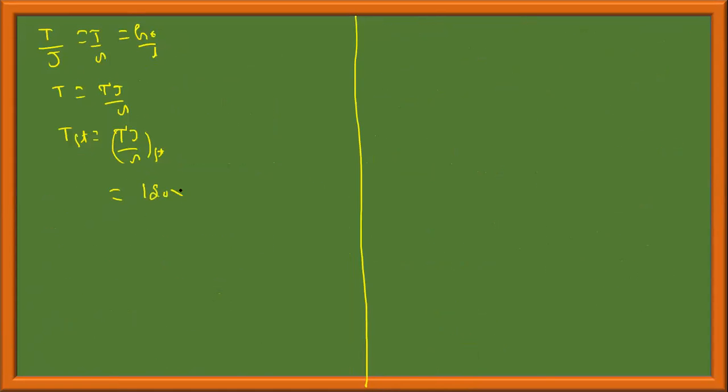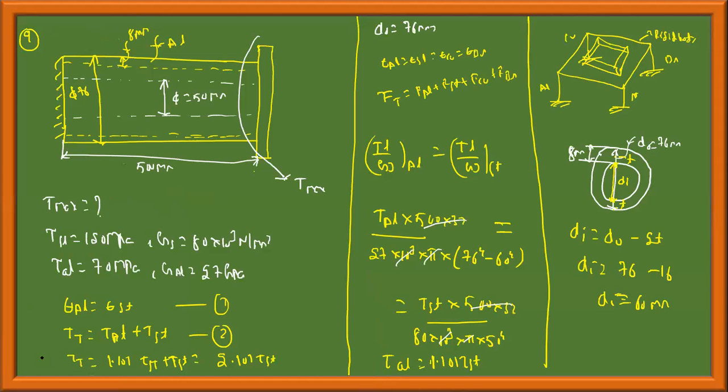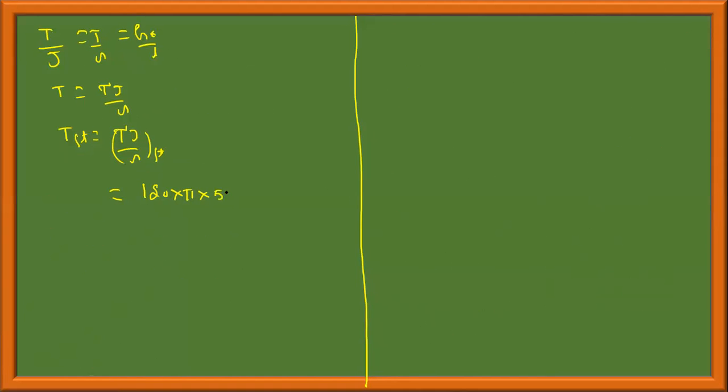So 120 into J by R, which is pi into D power 4 by 32 into radius. Steel section diameter is 50 mm, radius 25 mm, which is equal to 120 into pi into 50 power 4 by 32 into 25.